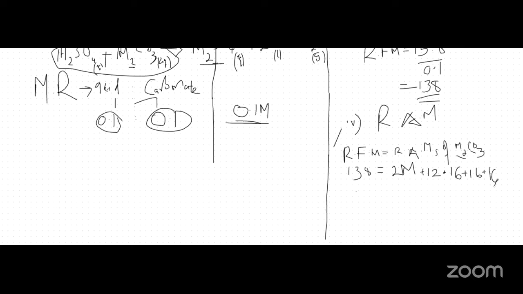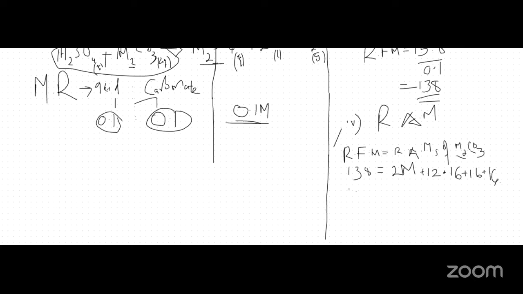No, 60. So you can check. You add this one first: 12, this one is 28 plus 32. I think it is around 60, yeah?